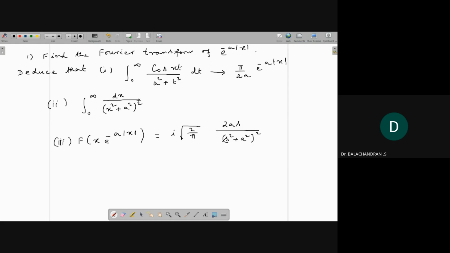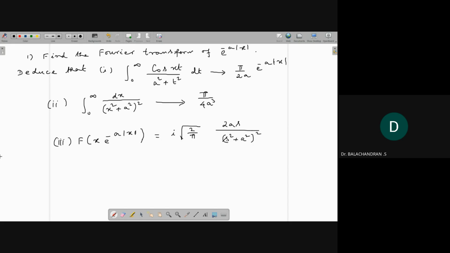So the value of this integral is pi by 4a cube. Okay. So first we will solve this problem, and then we will solve one more problem in this class.